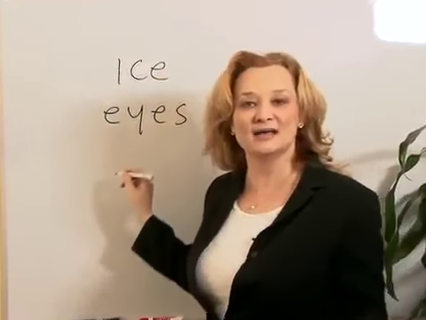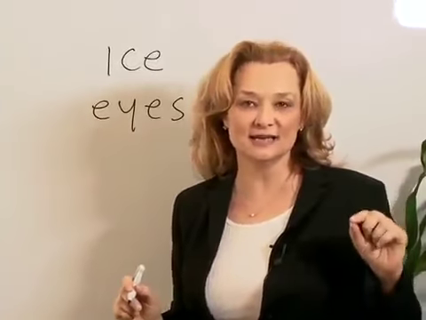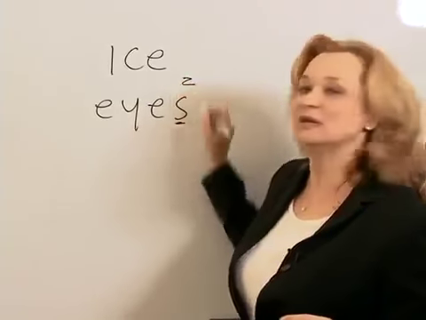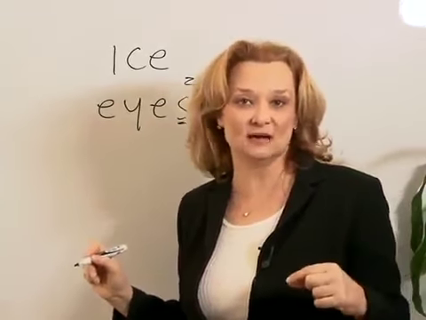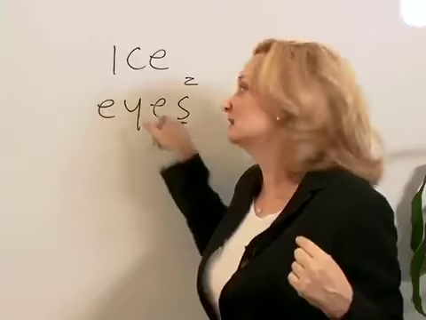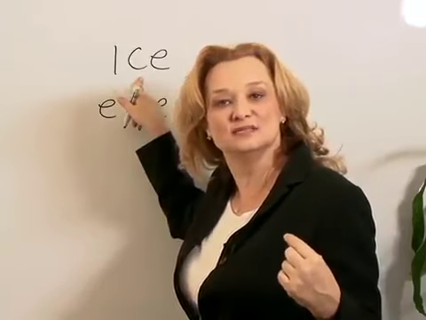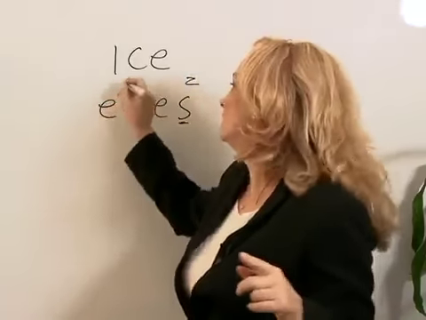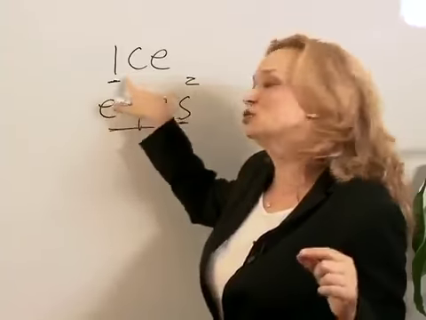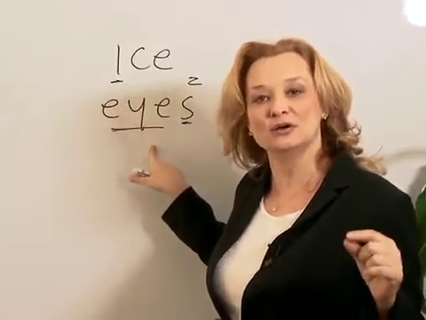Ice, eyes. Listen to the difference. Ice, eyes. This S is actually pronounced as a Z sound. This is actually Z. This is voiced, and S, this is voiceless. Therefore, the vowel sound that comes before is shorter here and longer here.